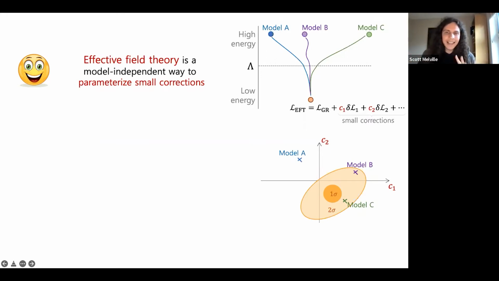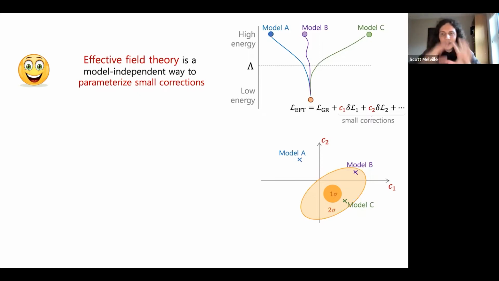The idea is that you have all these different possible high energy models which have the same universal form at low energies. At low energies, they all just look like general relativity plus some small corrections. And the functional form of these corrections is fixed by the symmetry that's dictated for you, but they have an overall size, which is captured by these EFT coefficients, C1, C2, etc.